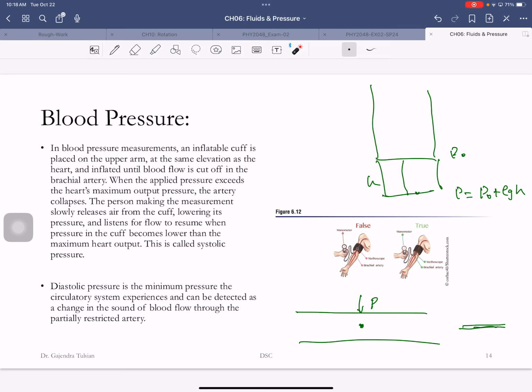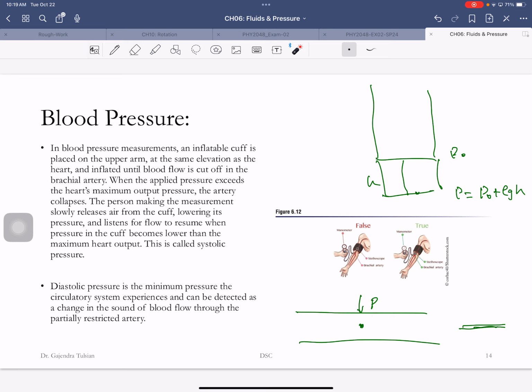The diastolic pressure is the minimum pressure. When the pressure decreases below the minimum pressure, the artery is fully open, and you can hear the difference in the sound.